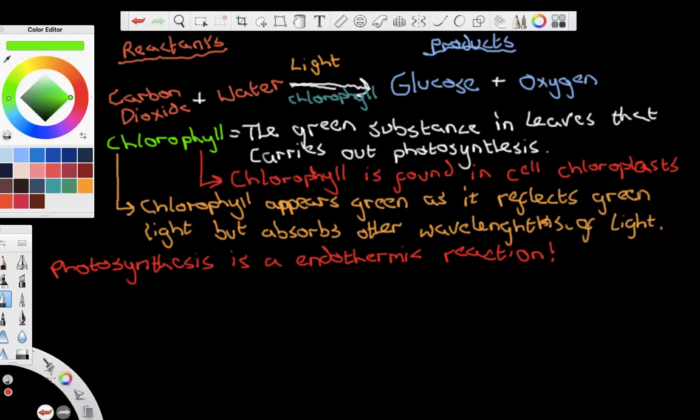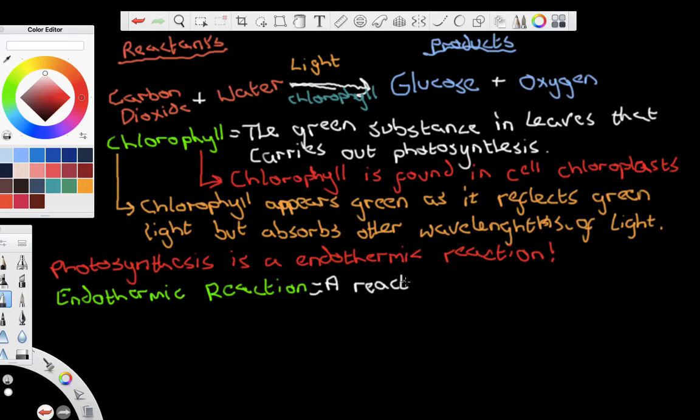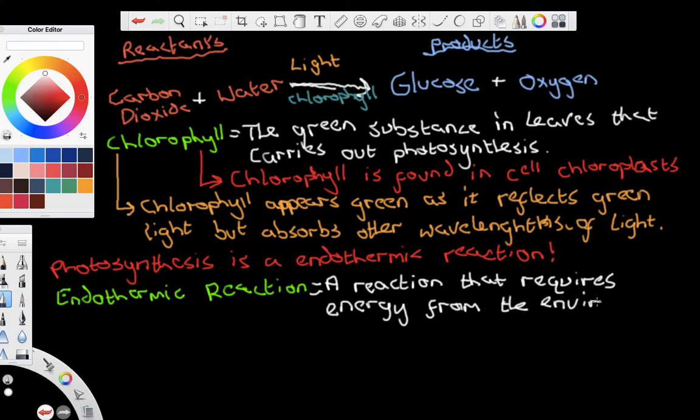So, endothermic reaction can be defined as a reaction that requires energy from the environment to take place.